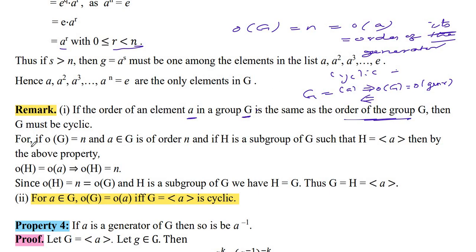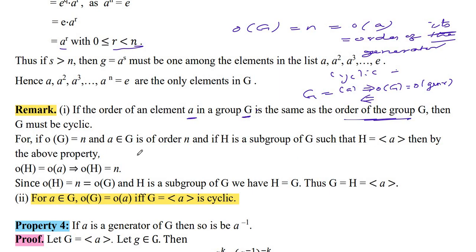So the reason for that, you take order of G to be n, and A belonging to G to be of order n. So the order of the group is the same as the order of an element A in G. Now we'll consider H to be the subgroup of G generated by A. So if I am able to show that H is G, then we are through.